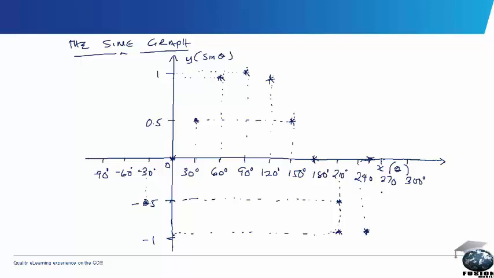And then at 270, it is minus 1. And then at 300, it is minus 0.86. It comes back to this point too. So we try to fit the curve perfectly, but that wouldn't really work out because of my notepad.